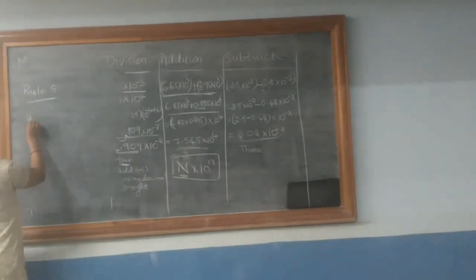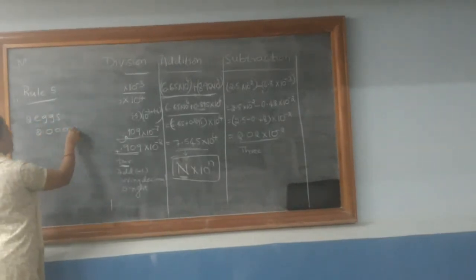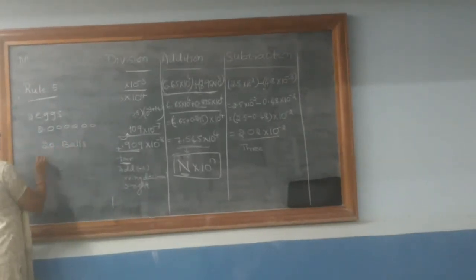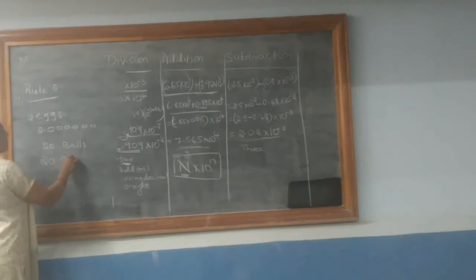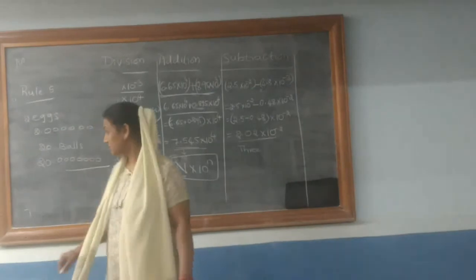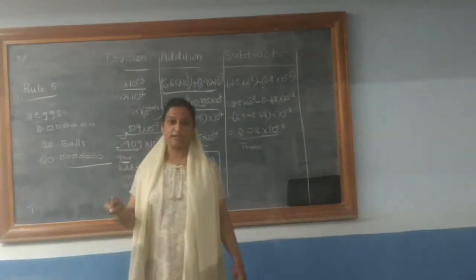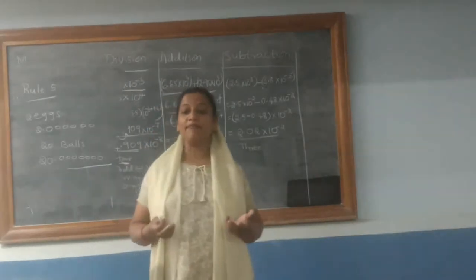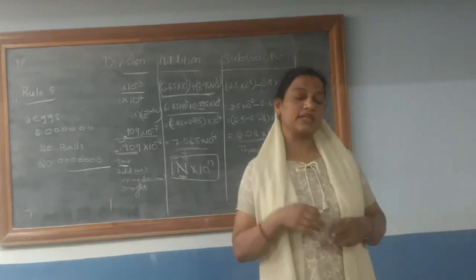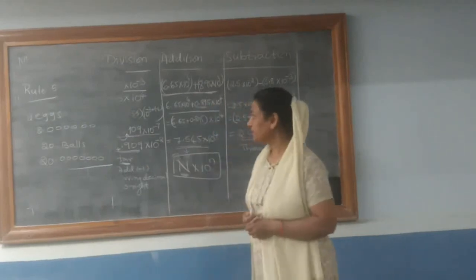For example, 2 eggs can be represented as 2.0000, or 20 balls as 20.0000, infinite number of significant figures, because zeros present to the right-hand side are significant. So it can have an infinite number of significant figures, as you can write infinite zeros. This is regarding the 5th rule.